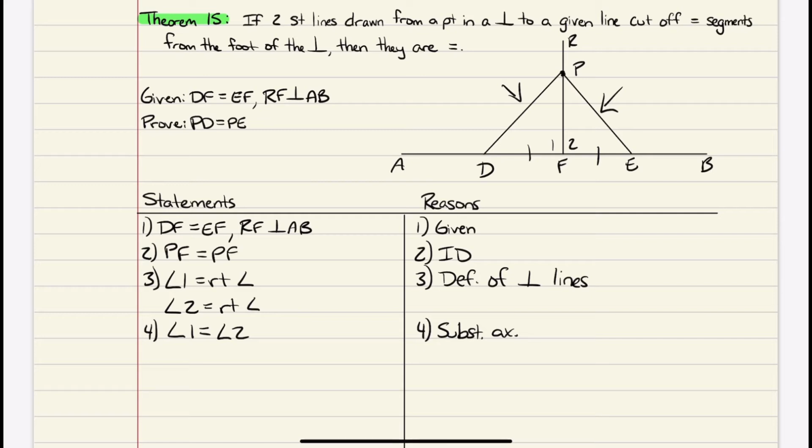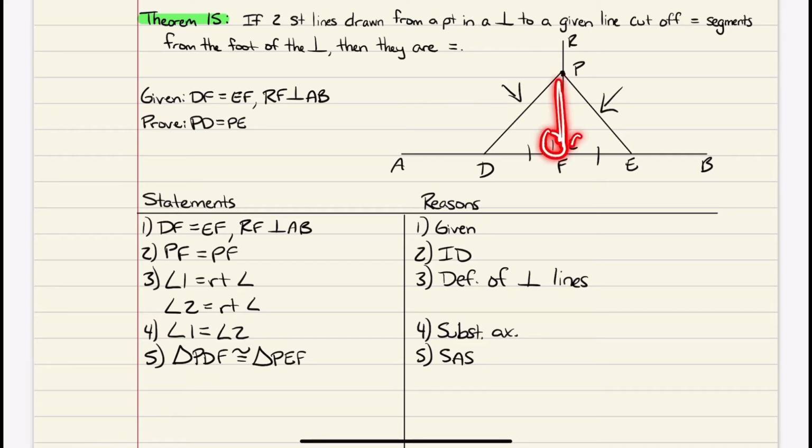And so with that being said, we can now say, because of the theorems we've learned in the past, that triangle PDF is congruent to triangle PEF. And we can do that by side, angle, side.